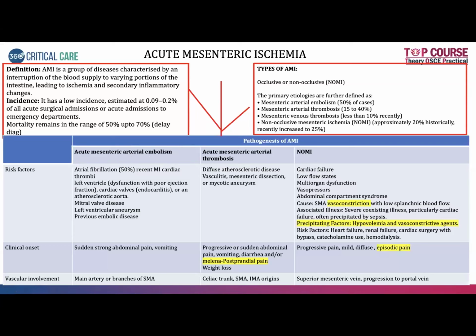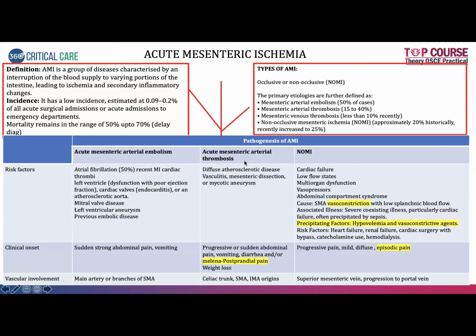Mostly 50% of the patients have a history of AF, recent MI, cardiac thrombi, poor LV function, any cardiac valve issues, endocarditis or atherosclerotic aorta. It can be atheroembolic also. And mitral valve disease, any ventricular aneurysm, and previous embolic disease like an embolic stroke. So these are the risk factors for arterial embolism.